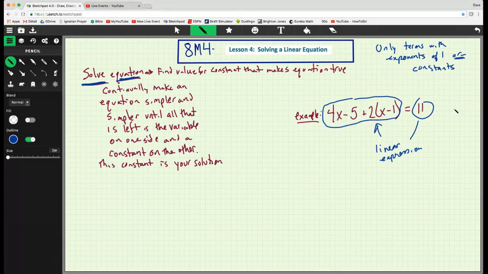Now let's go back and let's look at why this is a linear expression. The reason this is a linear expression is because each term is either a constant or it has a variable with an exponent of 1.